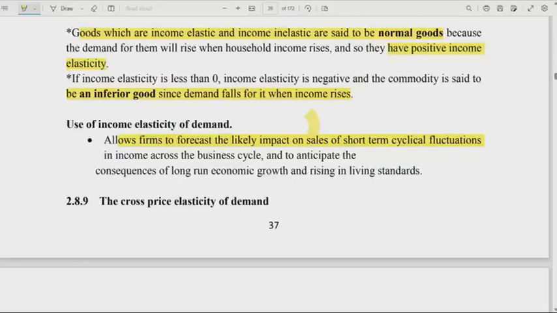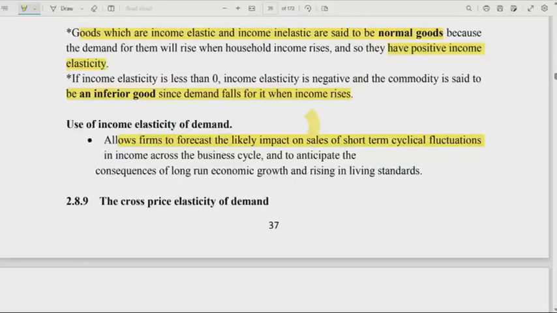And also looking at what are the consequences in the long run, right? In the long run, and the rising living standards, right? If people's living standards are increasing, we know that they will consume less of the inferior good, and they will actually consume more of the normal goods.